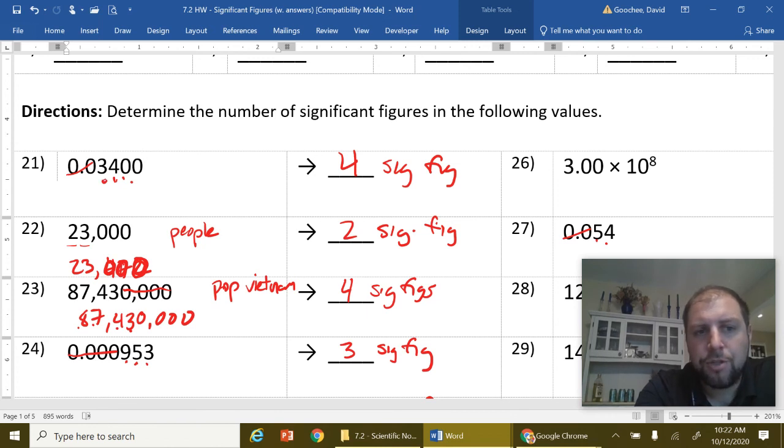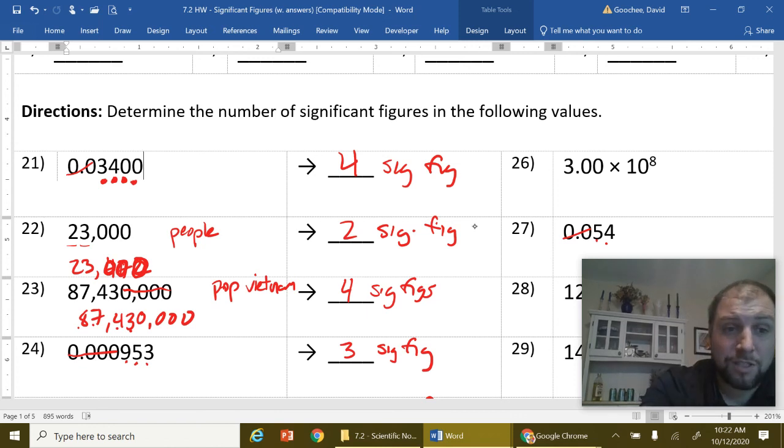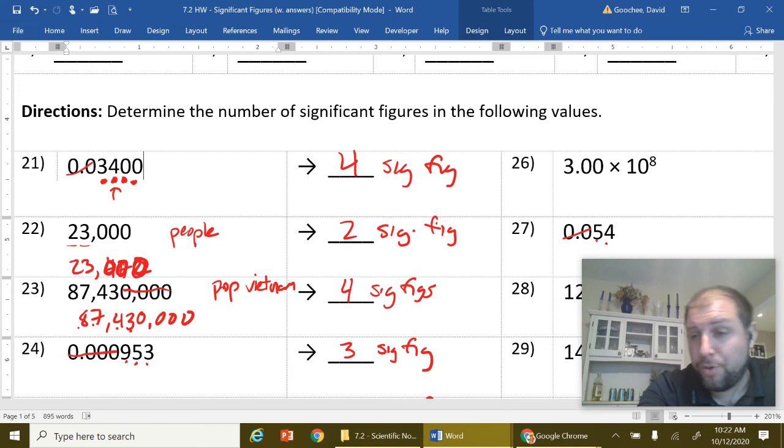They measured the tenths, the hundredths, the thousandths, the 10,000ths, and it happened to be 0. And they measured the 100,000ths, and it also happened to be 0. The only reason those zeros are at the end of a decimal is because they were measured. So they count. If the person didn't measure them, if they stopped measuring at the thousandths place, then they wouldn't have bothered putting those zeros in.